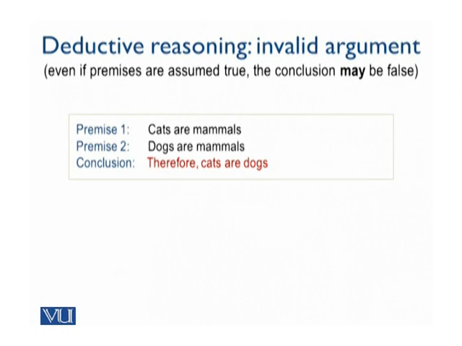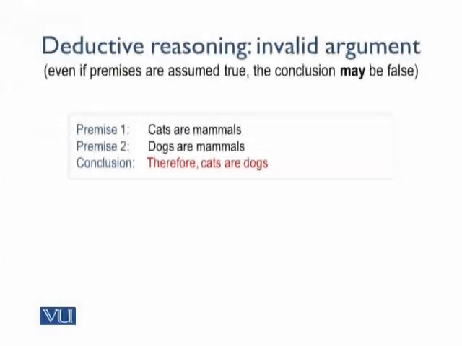So premise 1, cats are mammals. Premise 2, dogs are mammals. Conclusion, therefore cats are dogs. So you would be able to observe from this that this is clearly fallacious, where fallacious means a false argument. But we say that because we already know that cats are different from dogs.